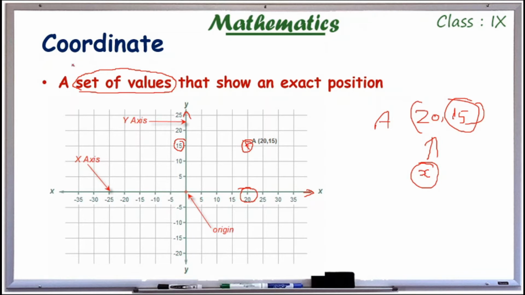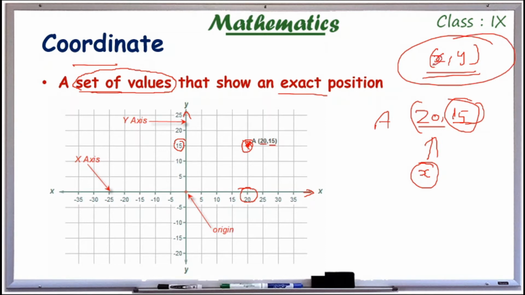So a coordinate means a set of values. Here the values are 20 and 15. We use two values to show an exact position. In order to show this position, I use two values. That is called a coordinate. So it is of the form (x, y). All the points are of the form (x, y).